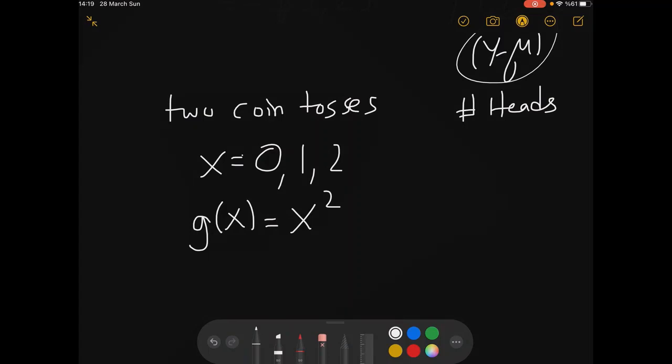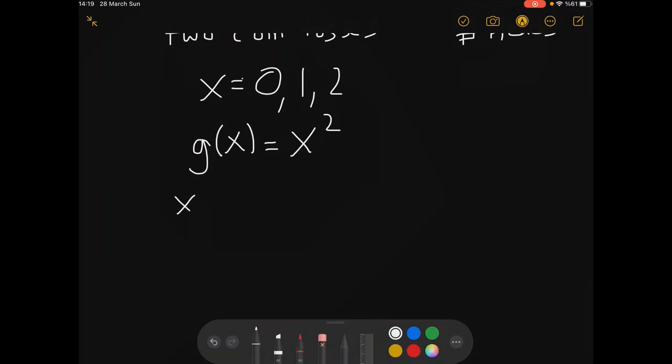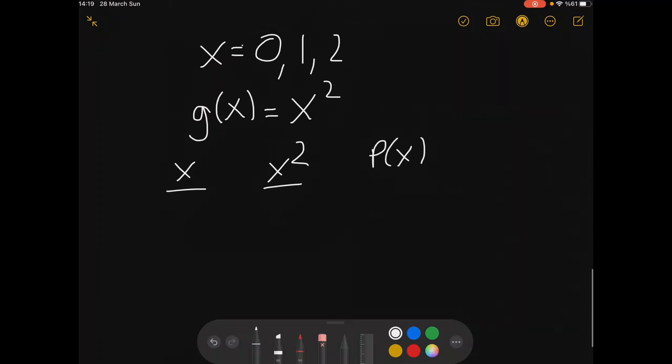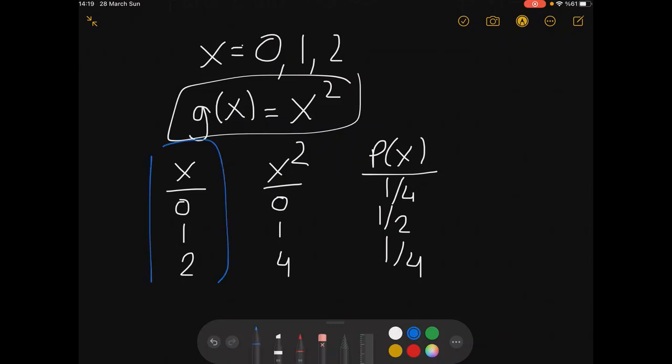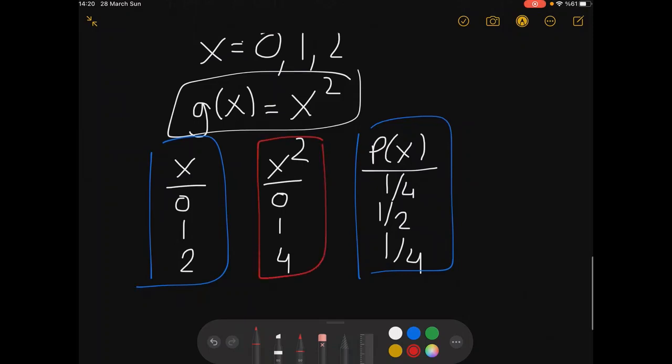Now if you want to write down the expected value of this generated function, the probabilities of X are again for 0, 1, 2, but now the function values are 0, 1, and 4. Their probabilities come exactly from our random variable. These will match.